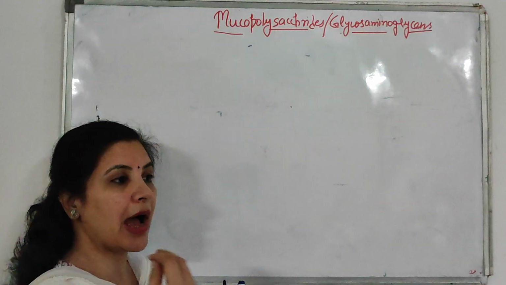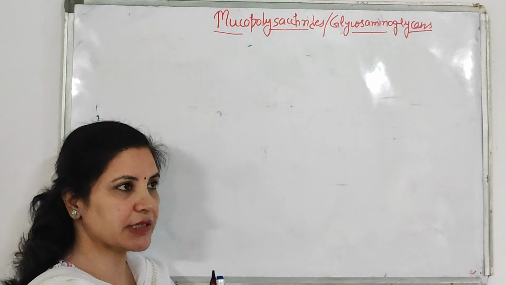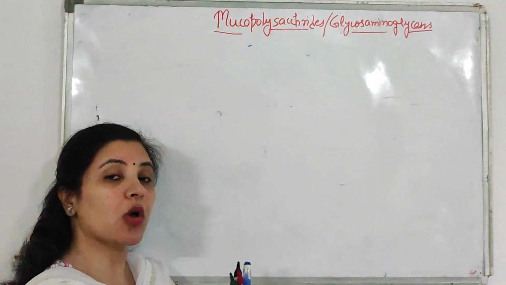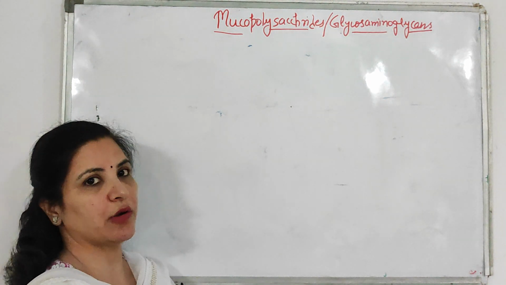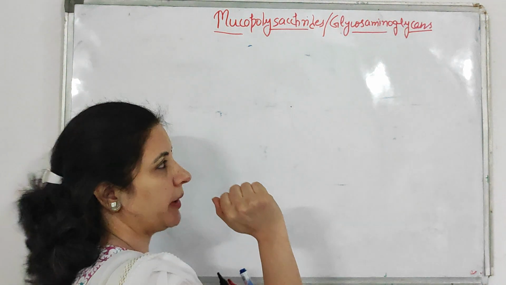Otherwise, for a 10 marks question, define mucopolysaccharides along with examples, and what are the different disorders or what is mucopolysaccharidosis. This is the format of questions asked on this topic.